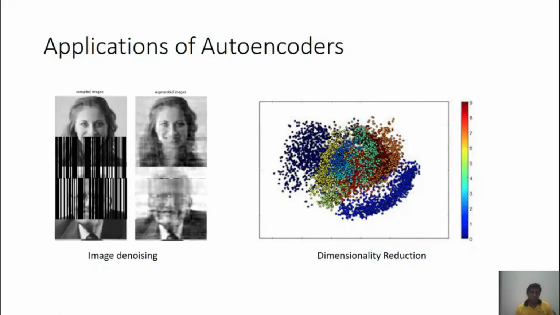For all other applications, they have been superseded by other algorithms which are more efficient and more effective. But still, you will be able to get reasonably good results when you're trying to perform image denoising. You can see here, this is an image denoising example. You have a corrupted image on the left hand side and the regenerated image on the right hand side. So you will be able to reconstruct your images to a certain degree.